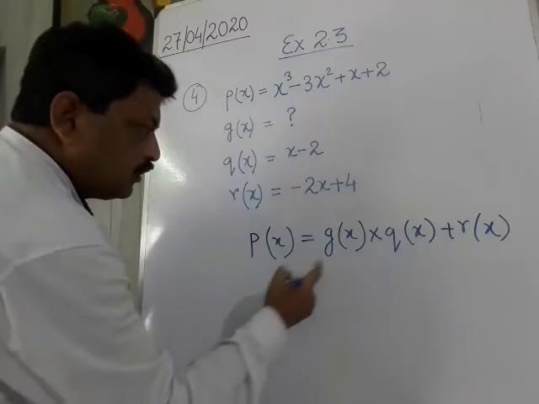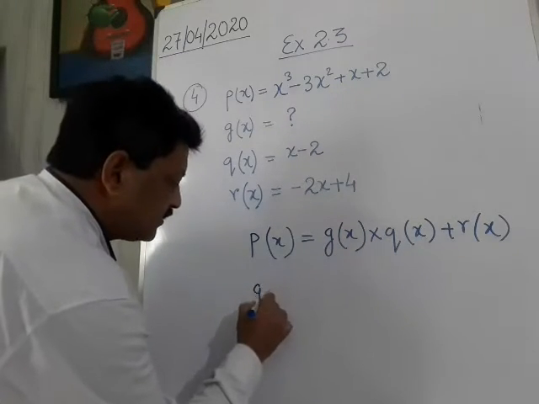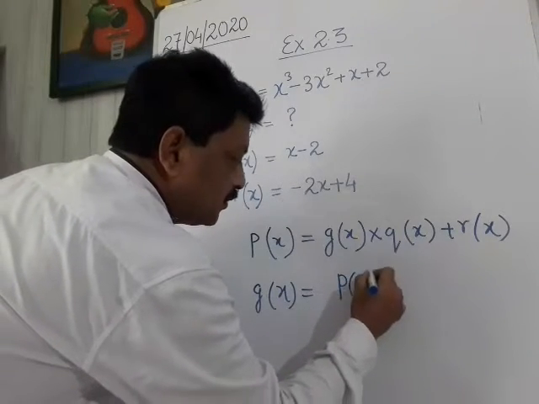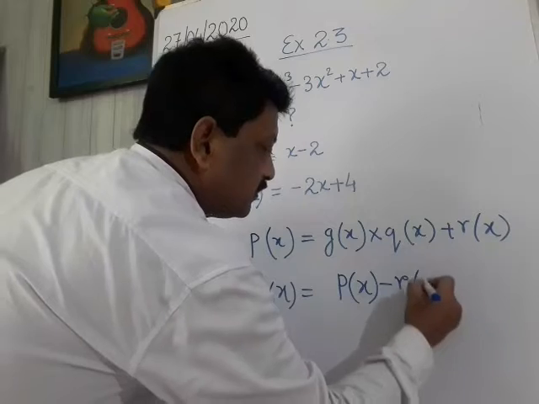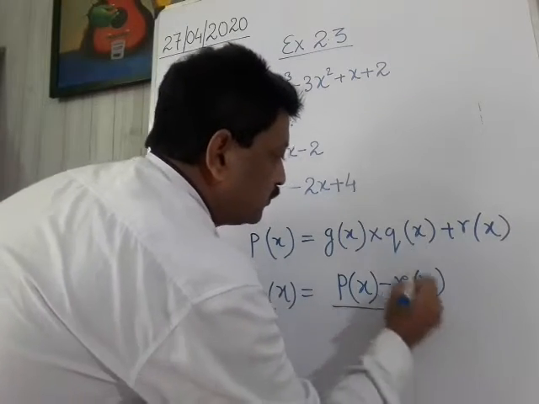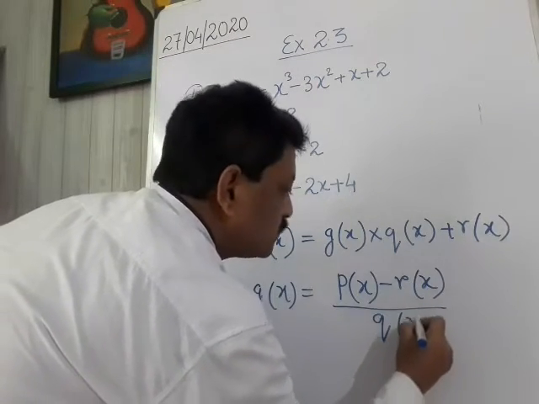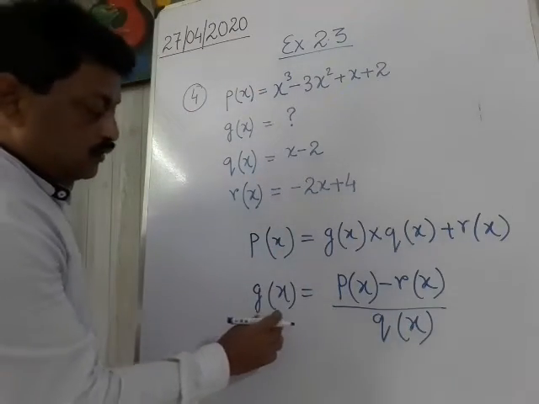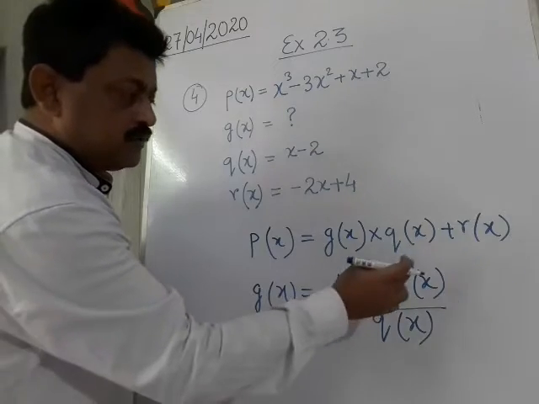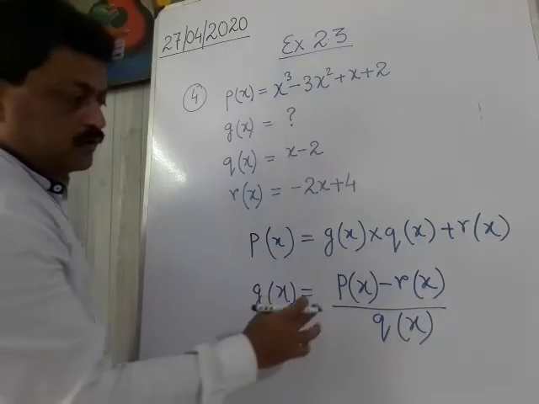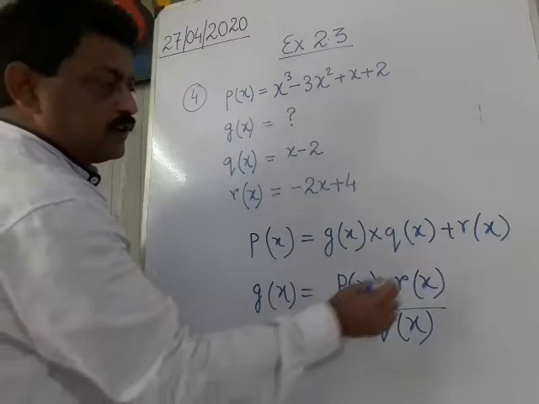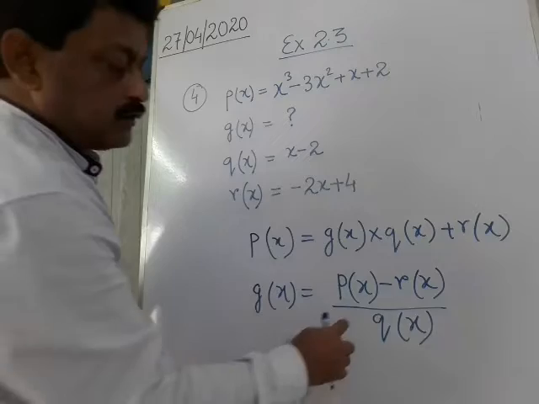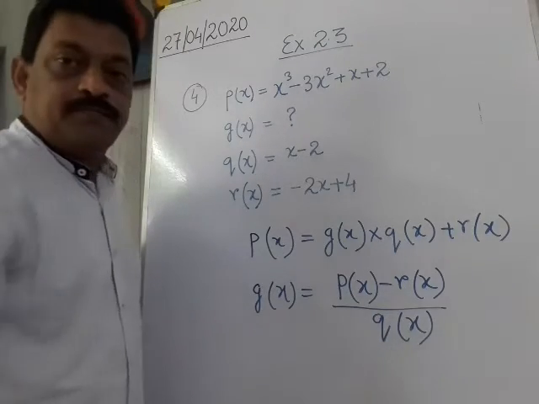So from here, if I want to find g(x), then g(x) will be p(x) minus r(x) upon q(x). Just by transposing I have rearranged everything, and so g(x) is equal to p(x) minus r(x) by q(x). So first of all I have to subtract this r(x), that is the remainder, from the polynomial, and then I shall go for direct division method.